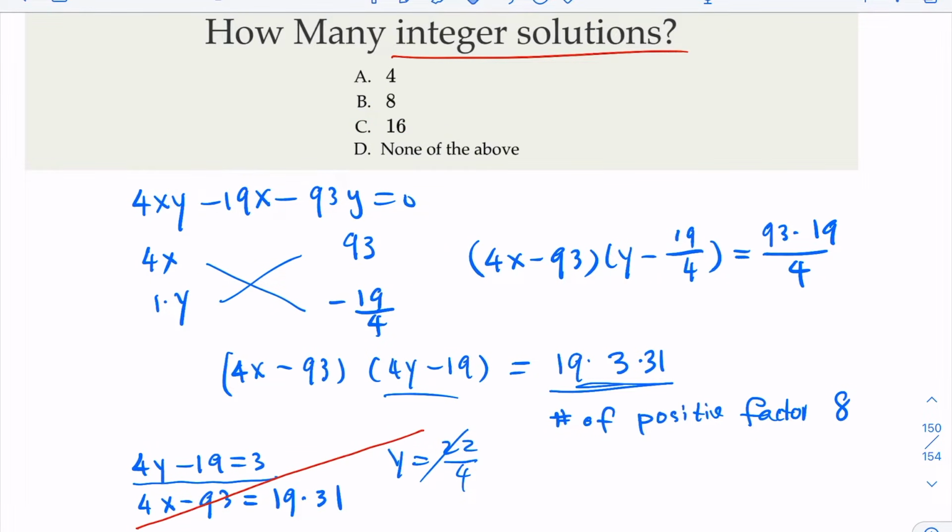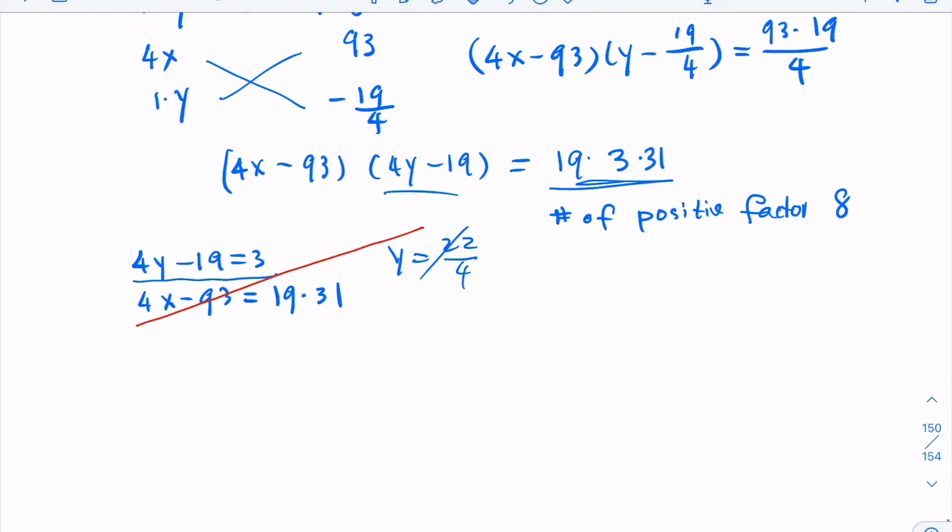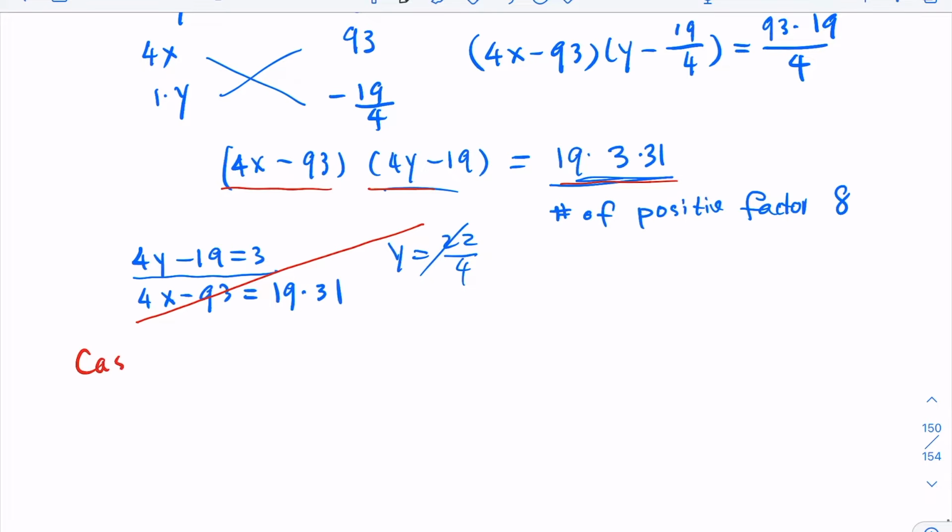Now, how do we solve this problem? We need to consider mod 4. There are two cases here. You have two numbers, and this is the integer we want to get. Case number 1, both factors are positive.